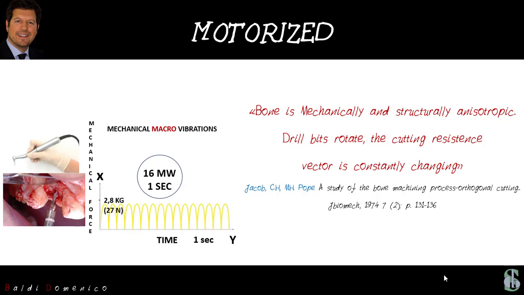We have to highlight that in order to have a good effect with any kind of burr, we need to apply pressure. For this reason, we risk friction and consequently necrosis. In few words, we have a lack of precision in the rotating movement of the burr, and limited control of the pressure that we apply on the burr.